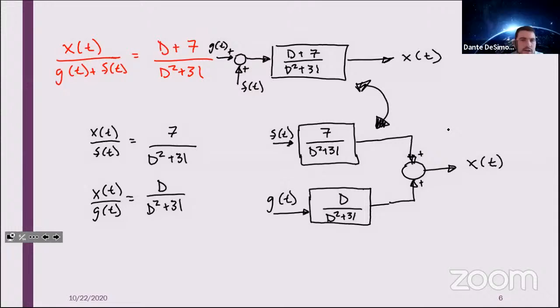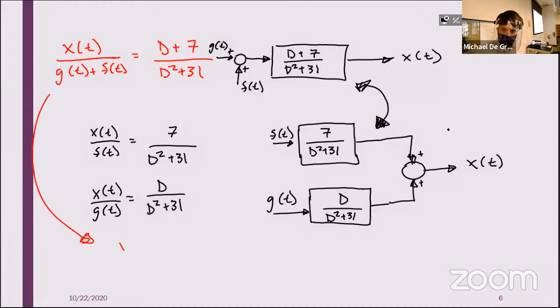Dr. D, if you cross multiplied the g of t plus f of t to the d plus 7, would that come out with the expression, the dg of t plus 7 f of t?